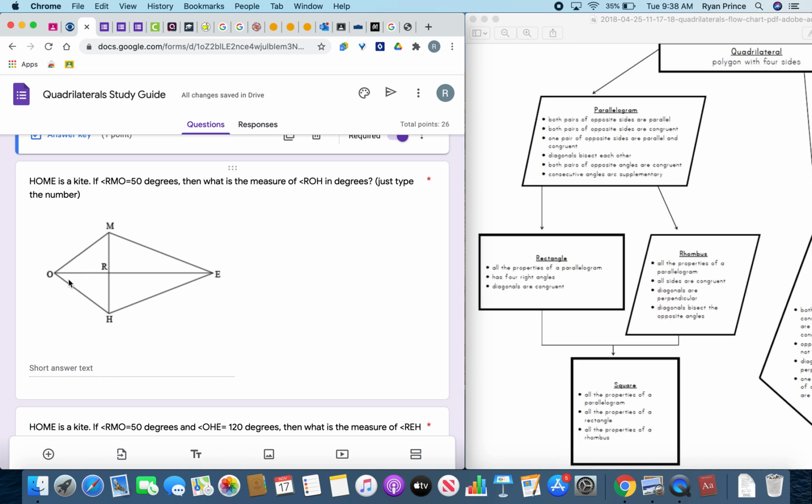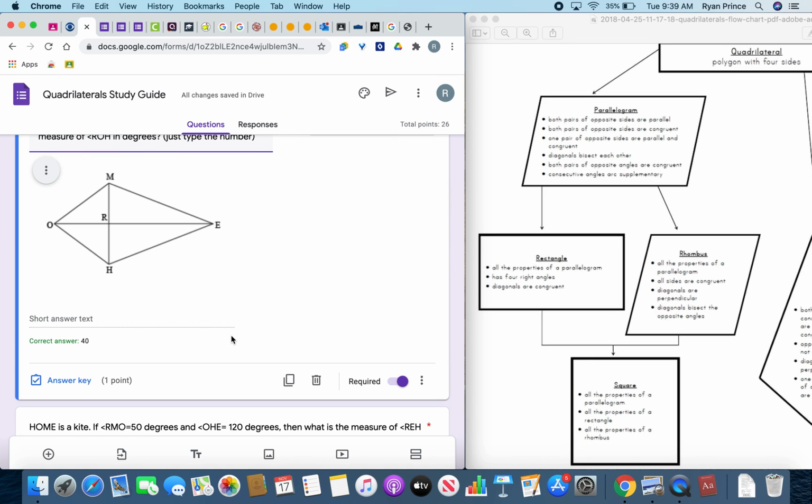Well, if this angle is 40 degrees, then this angle is 40, which is what we're looking for, ROH. That would be 40 degrees because this is a mirror image here. Whatever this triangle is, this is the same thing, just flipped over. So 90, 50 and 40, and then here would be 90 degrees, 50 degrees, and 40 degrees. It just flips down. So it should be 40 degrees.